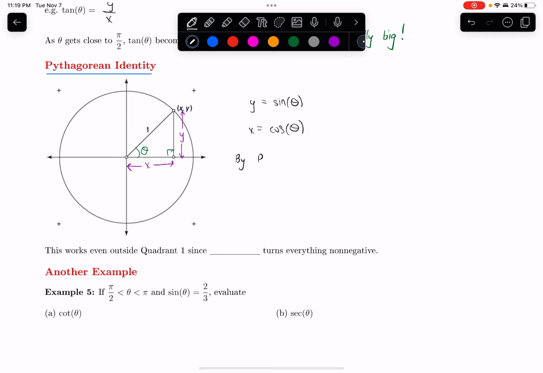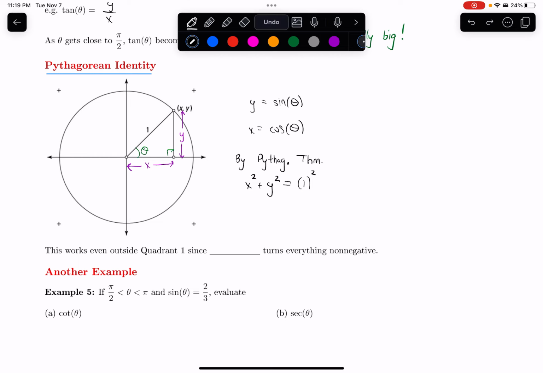By the Pythagorean theorem, x squared plus y squared equals the hypotenuse squared, which is 1 squared.